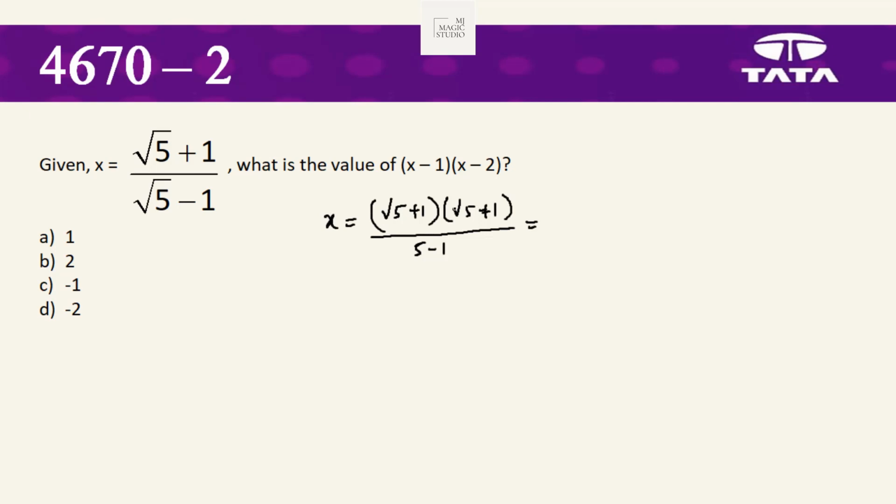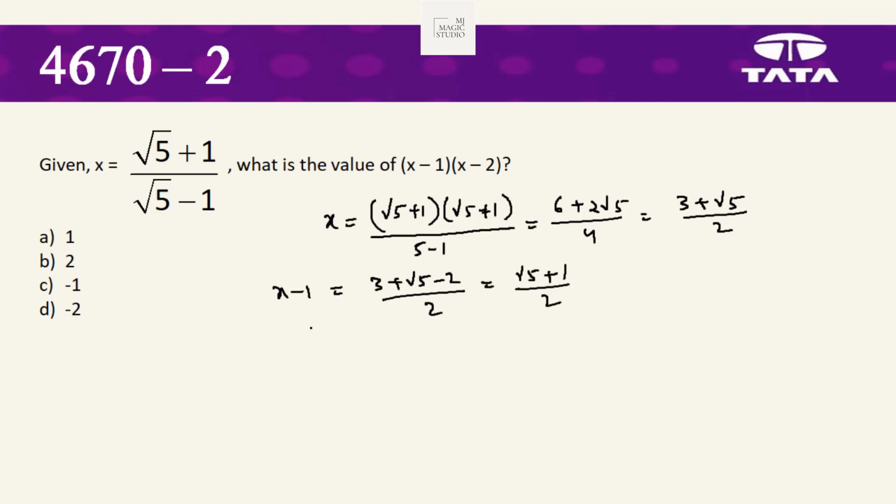So it is root 5 plus 1 whole square, 5 plus 1 is 6 plus 2 root 5 by 4, or this is equal to 3 plus root 5 by 2. Now x minus 1 is 3 plus root 5 minus 2 by 2, that is root 5 plus 1 by 2, and x minus 2 is 3 plus root 5 minus 4 by 2, that is root 5 minus 1 by 2.